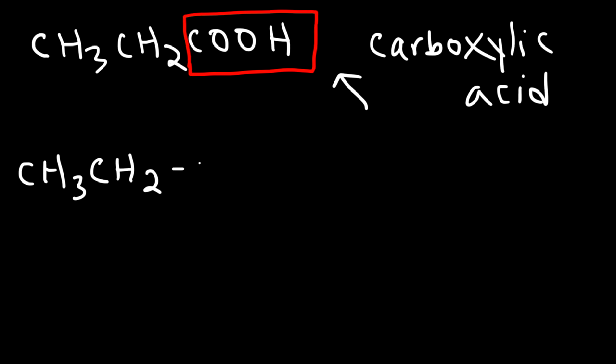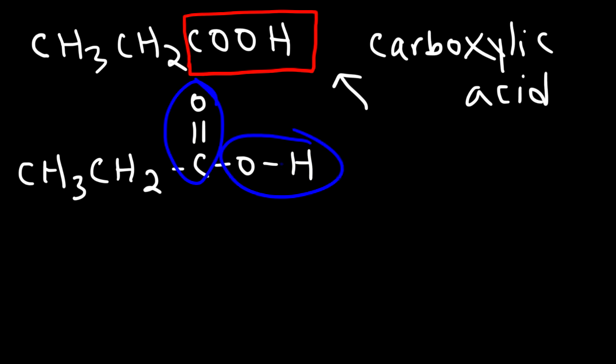Now for the last part, we have a carbon. We have 2 oxygen atoms, one of which is going to be a carbonyl group, and the other part is going to be an OH group. And so a carboxylic acid is the combination of a carbonyl group and a hydroxyl group, or an OH group. And so that's how the Lewis structure will look if you expand it.